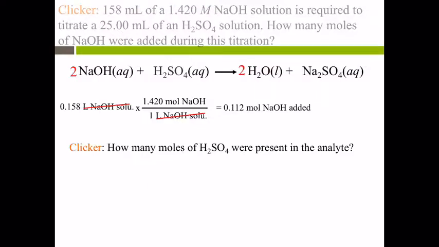We have an analyte. We have a solution here, and in that solution we had 25.00 milliliters of H2SO4. We don't know what the concentration is.